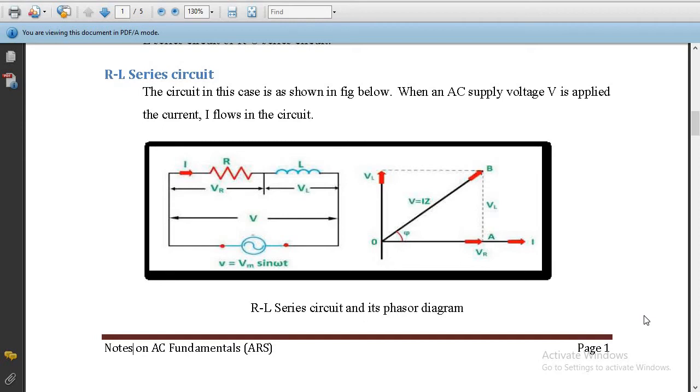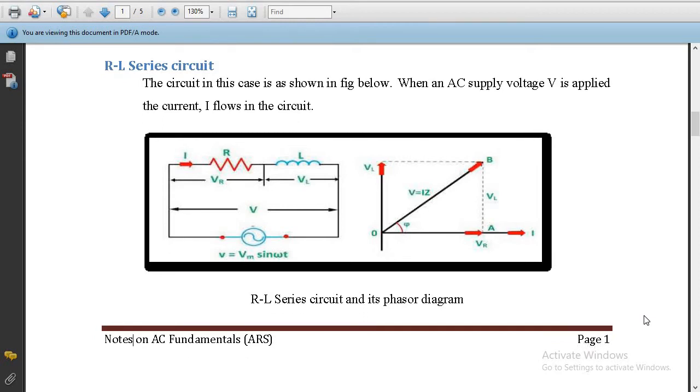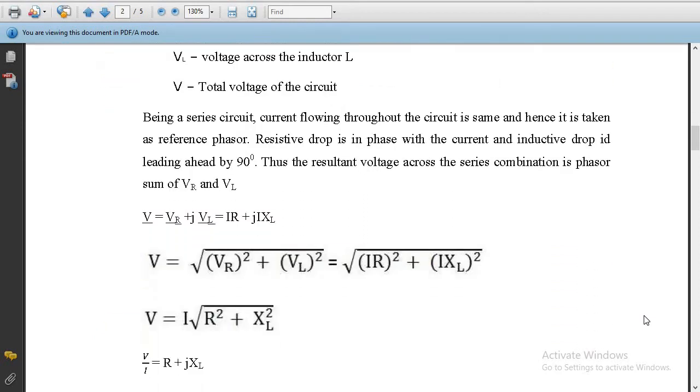Now if we go ahead, we can see over here V is equal to the square root of VR square plus VL square. We are doing a rectangular addition because it is a phasor sum, right? Now if you substitute VR as IR and VL as IXL, you can take I common and it will be the square root of R square plus XL square.